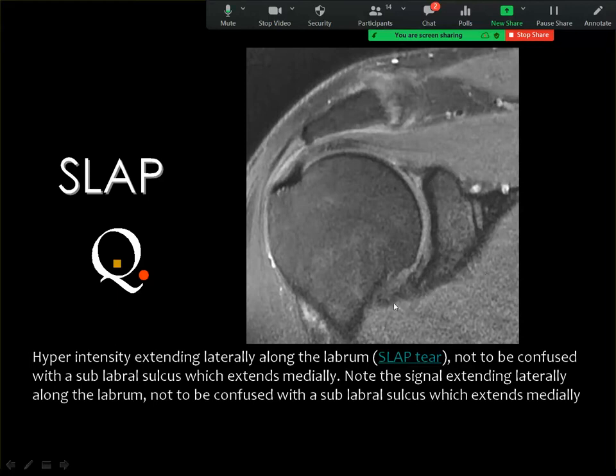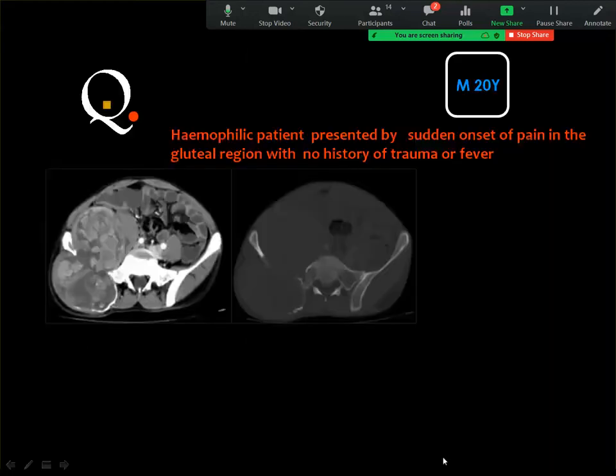But you are not sure about the thickness of the inferior glenohumeral ligament because of the absence of fluid in the joint. And this is important if you want to assess the inferior glenohumeral ligament carefully. You should have some fluid inside the joint. The next case.